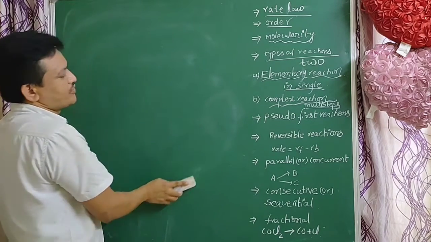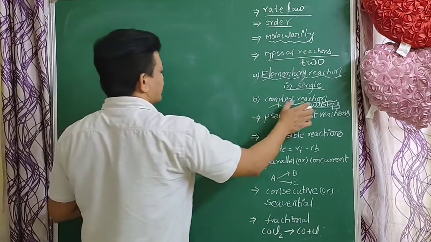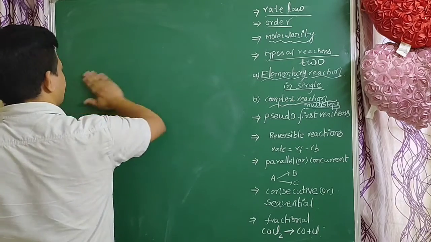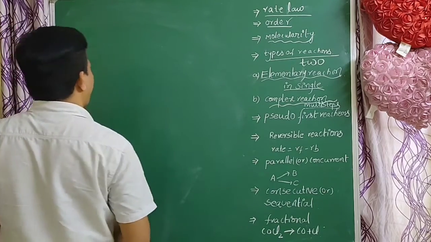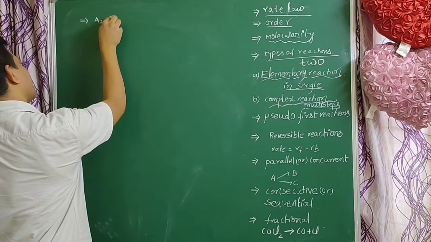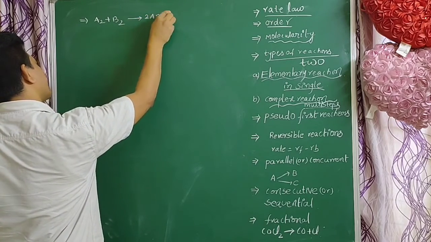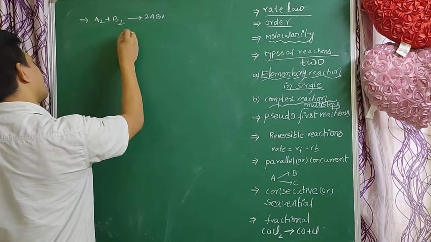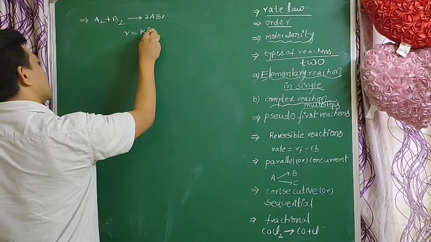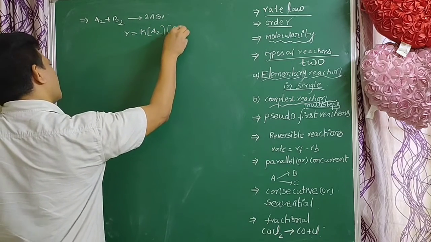The reactions that proceed in more than one step are called complex reactions. For example, A2 plus B2 gives 2AB. Here the rate equation obtained experimentally is K into A2 and B2 power 0.